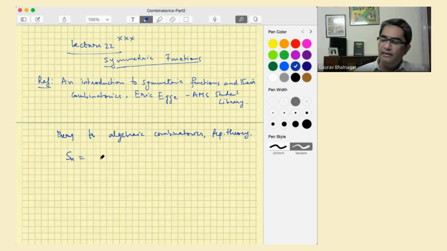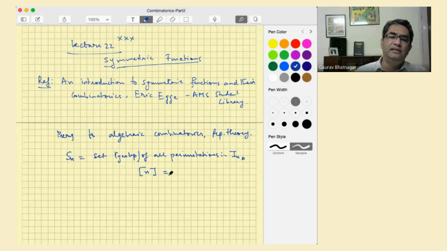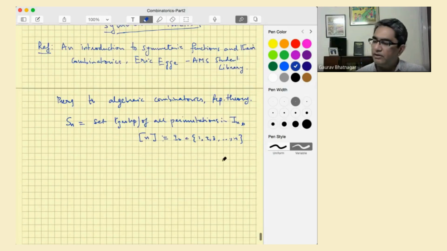S_n is the group of all permutations of [n], and the book uses this notation. This is also very common notation. [n] is the first n natural numbers, and pi is a permutation.